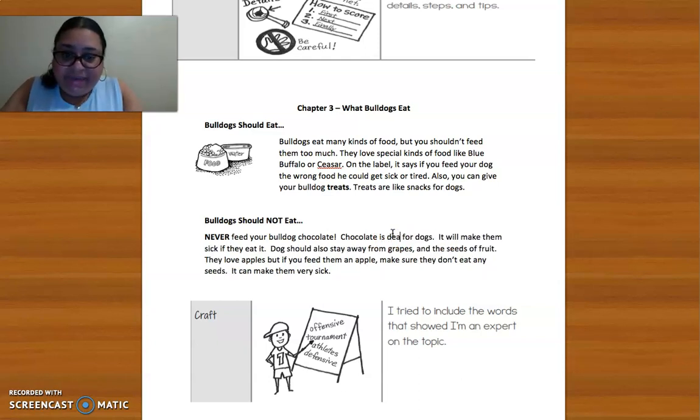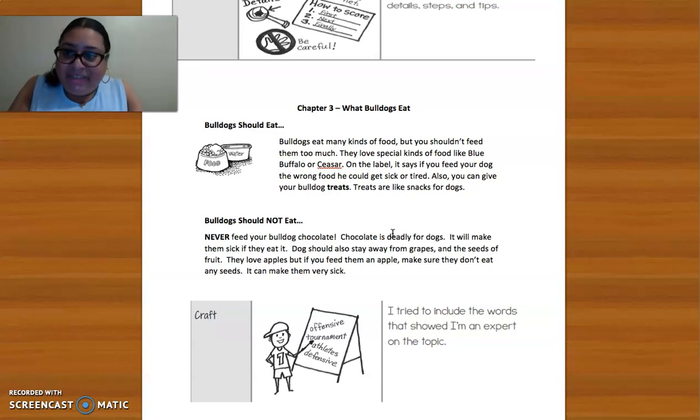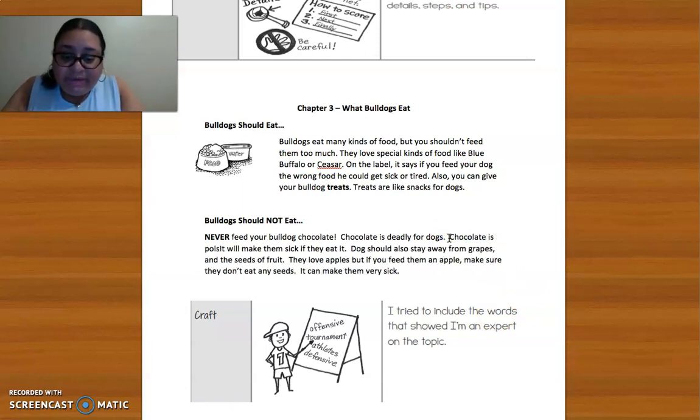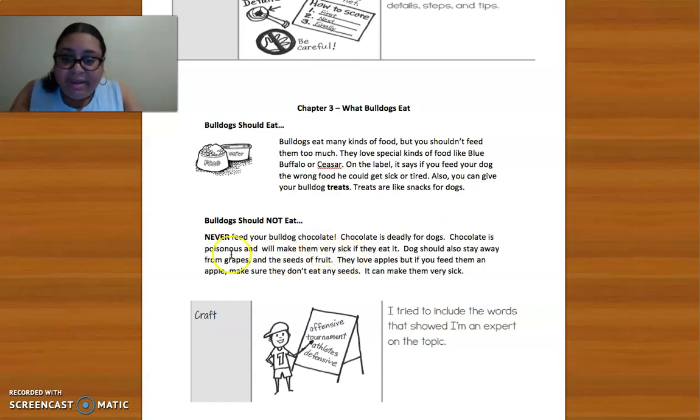Chocolate is deadly for dogs. Maybe I should say it's poisonous and will make them very sick. Chocolate is poisonous and will make them very sick if they eat it.